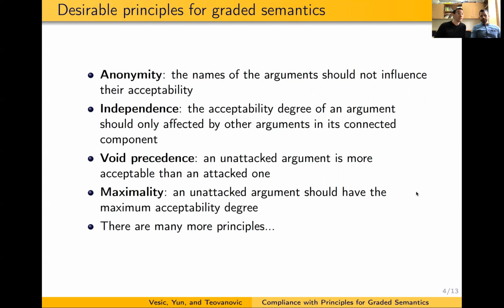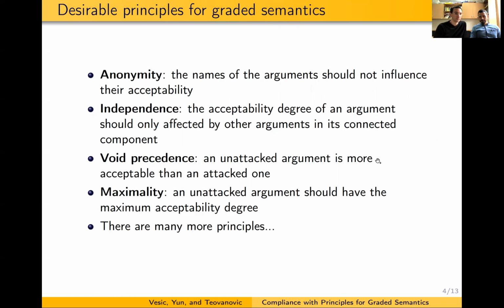Anonymity says that the names of the arguments should not influence their acceptability. So we're just looking at the topology of the graph. Second, independence says that the acceptability degree of an argument should not be affected by unrelated facts and arguments. So something which is not even connected in the graph should not influence the acceptability degree of an argument.